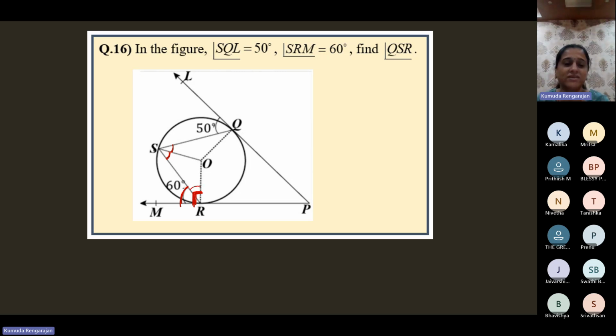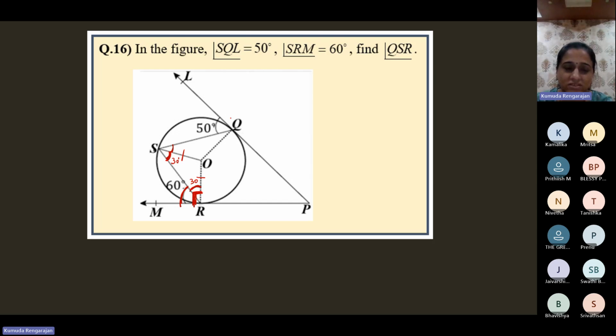Then what will be the measure of this angle? 30 degrees. And then, are these two sides equal? Yes. So what will be the measure of this angle? 30 degrees. Now we found this part.